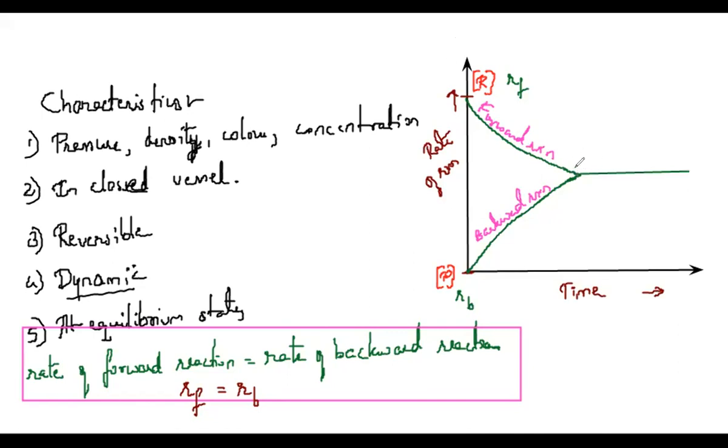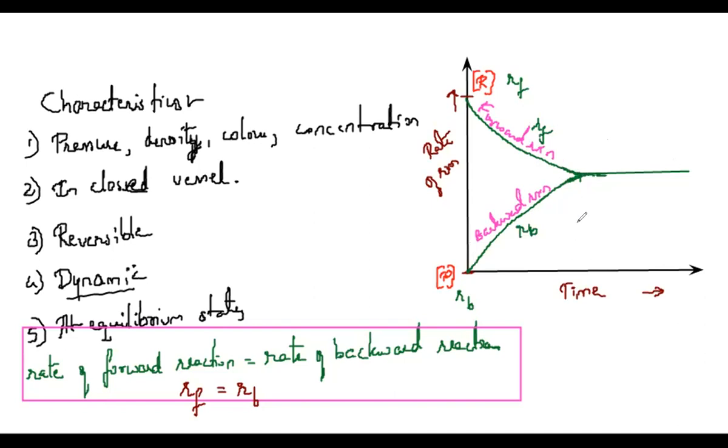At a certain time, the rate of forward reaction, which is decreasing with time, and the rate of backward reaction, which is increasing with time, meet. This is the rate of backward reaction, increasing with time. This is the rate of forward reaction, decreasing with time. At a certain point, both the reactions will occur with the same speed.